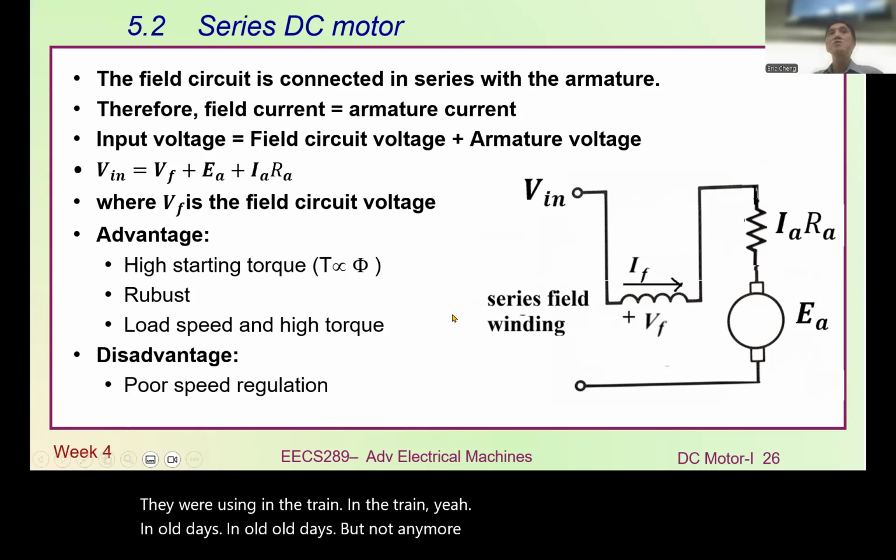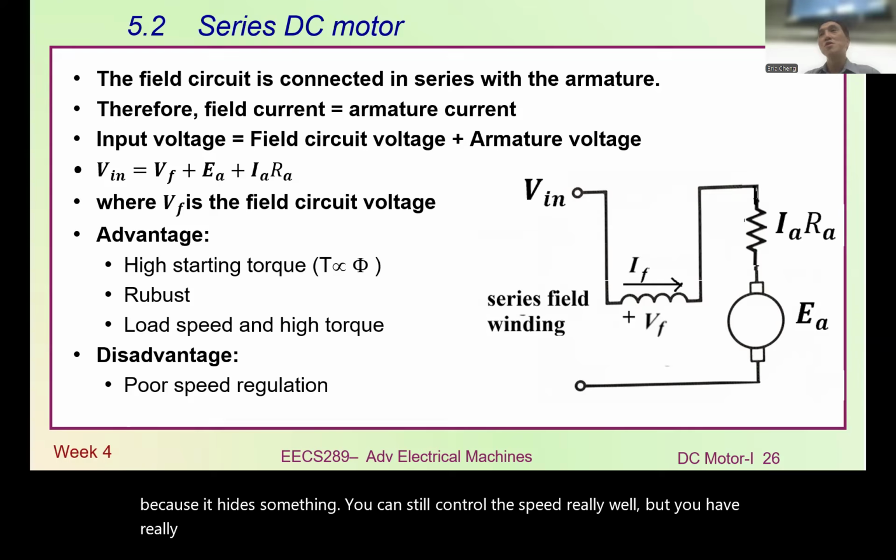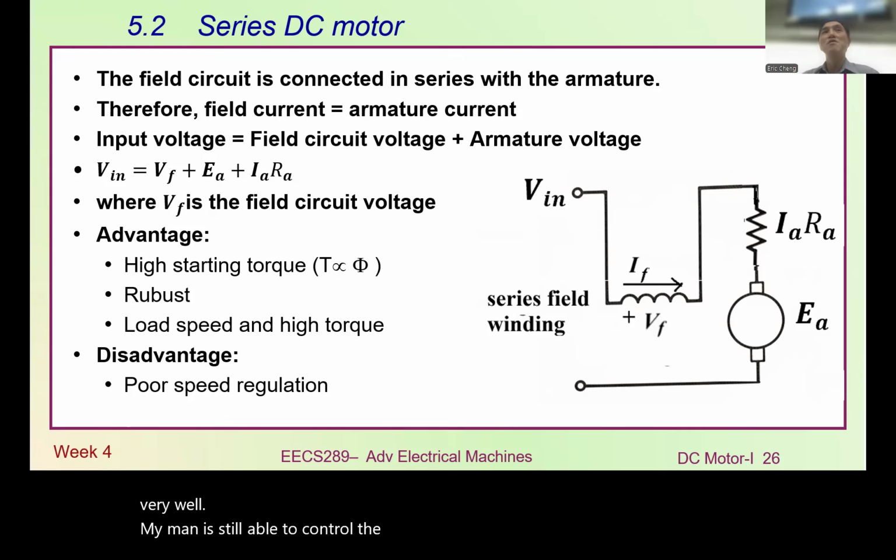You can still control the speed, because of high starting torque, but for really detailed positioning or rotational control, it doesn't do well. What I mean is it's still able to control the speed, but for really detailed speed control, it's not this type of motor.